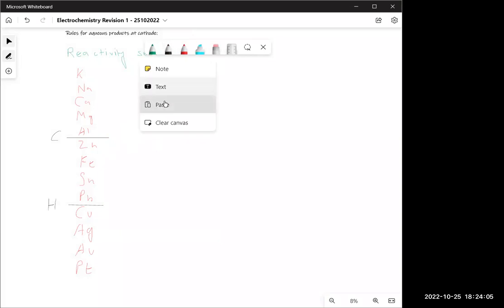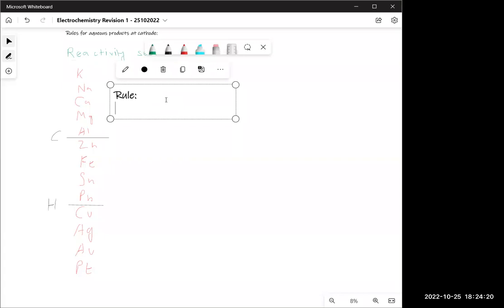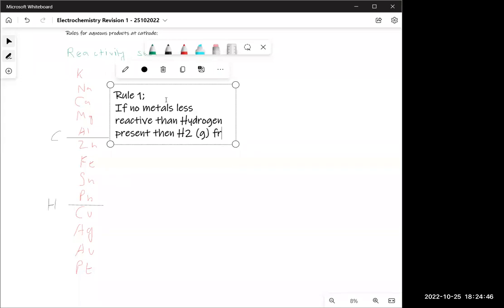Now what we realize is, write the rules. Rule 1: if no metals less reactive than hydrogen are present, then H2 gas forms.